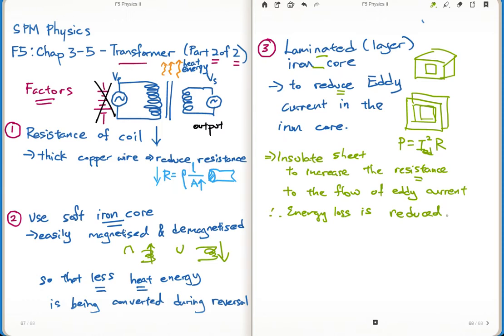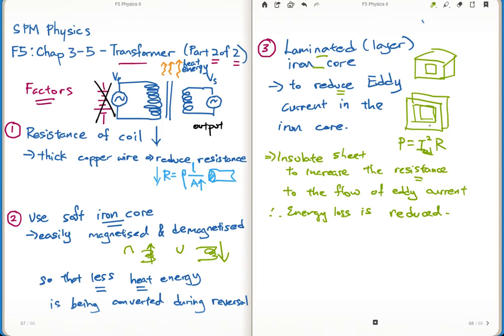This is a crucial one. This is quite important. Why do you need to use laminated iron core? To reduce eddy current in the iron core. How do you do that? You use laminated sheets. You paint them with insulator so that the eddy current generated can't flow around here.